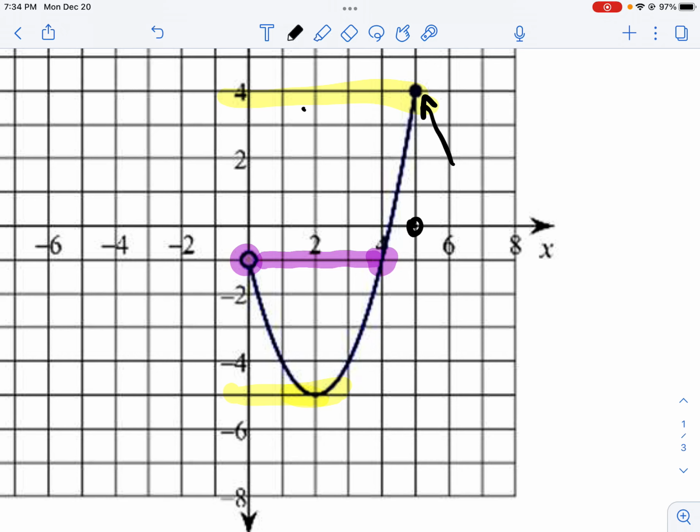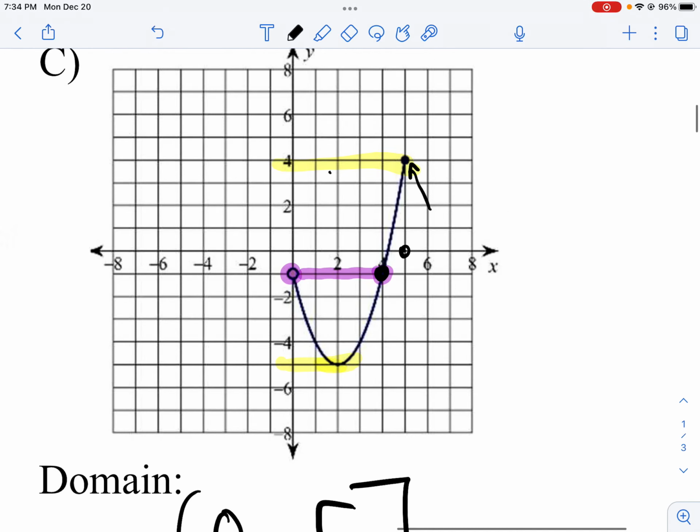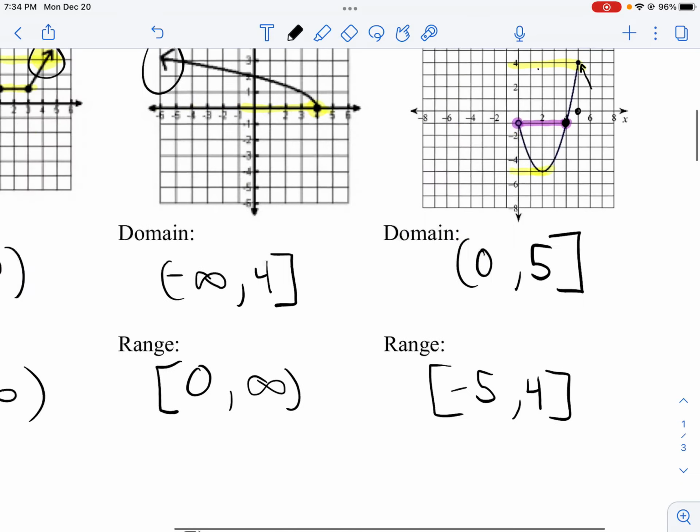Remember, we're assuming that it's a closed circle unless otherwise stated, so technically we have a big old closed circle there. That means that at some point, the value exists for y there, so we don't have to create a break in the interval notation, because there is a y value for it. So that would be the range for that problem.